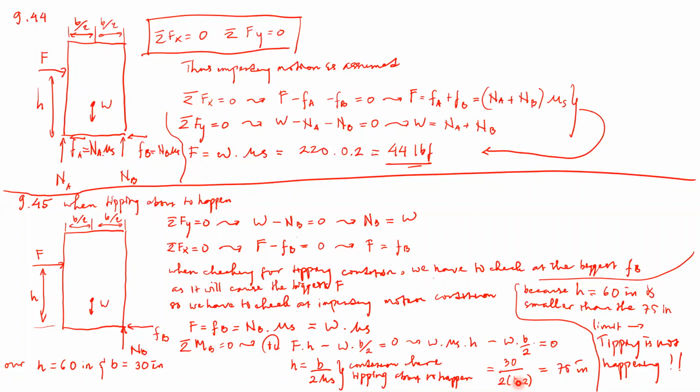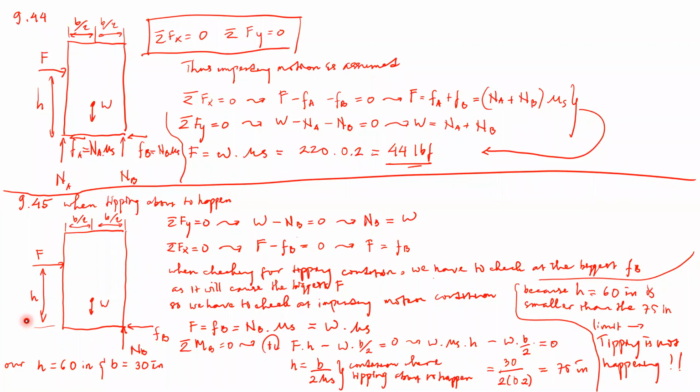But if the actual H value is lower than that, tipping over is not happening. You understand what I mean? So the F is supposed to be applied at an H bigger than 75 inches in order to create the tipping over condition.